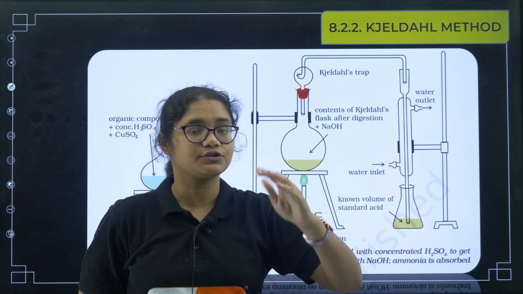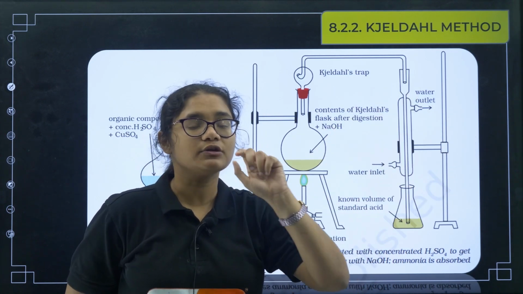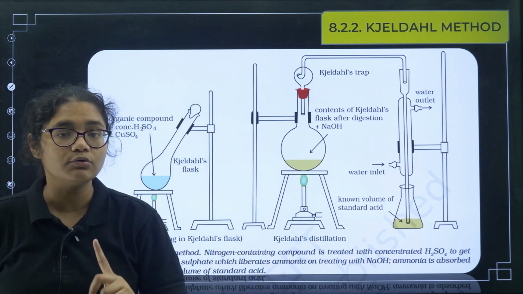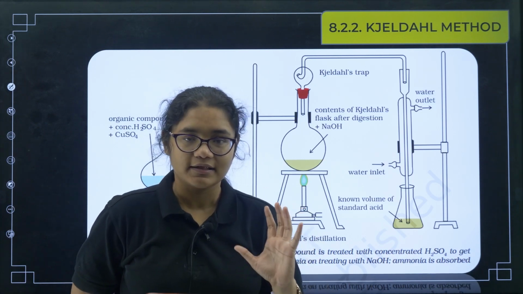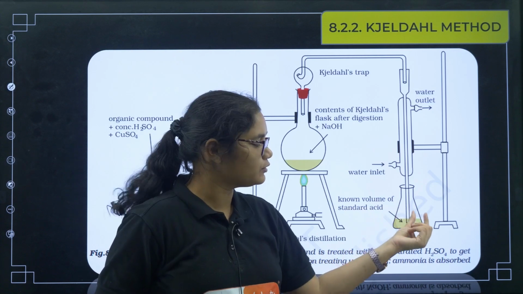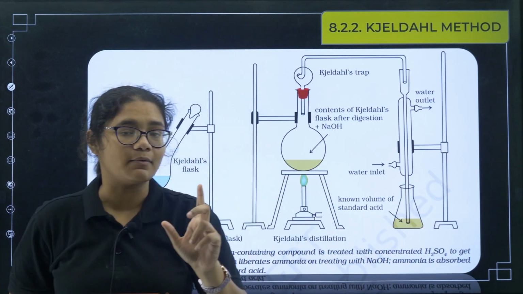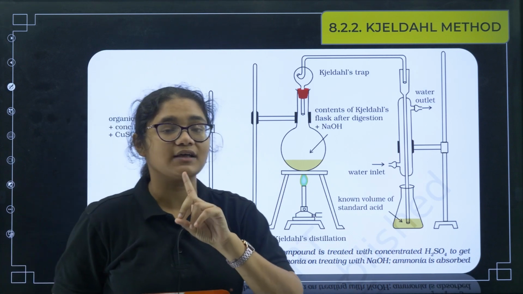You titrate that remaining acid with NaOH. So now you will be able to know the amount of acid that was unreacted. You know the total volume because you took it, and you did the titration and calculated the volume of acid which was unreacted.